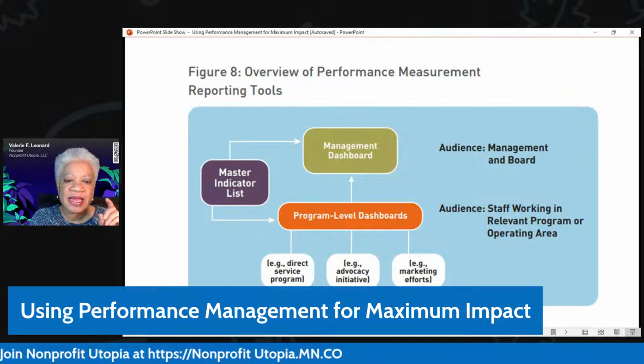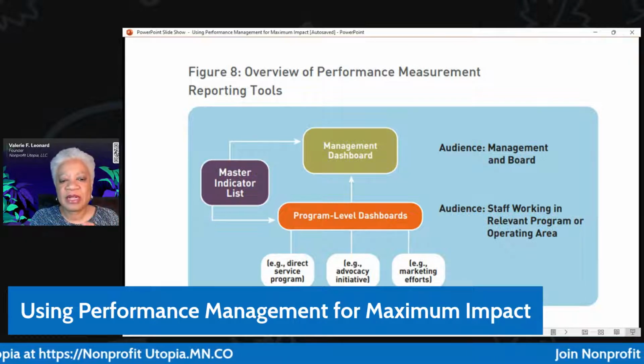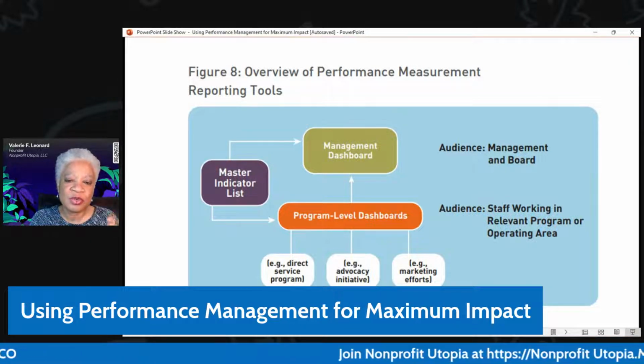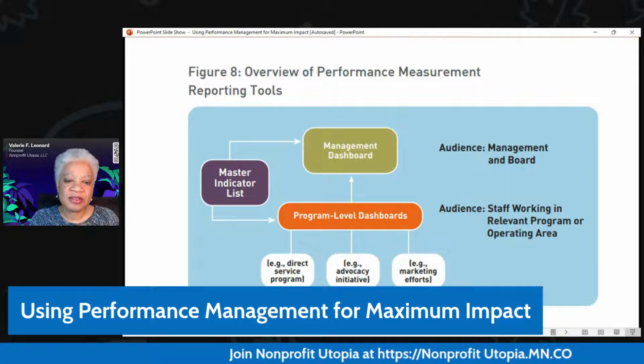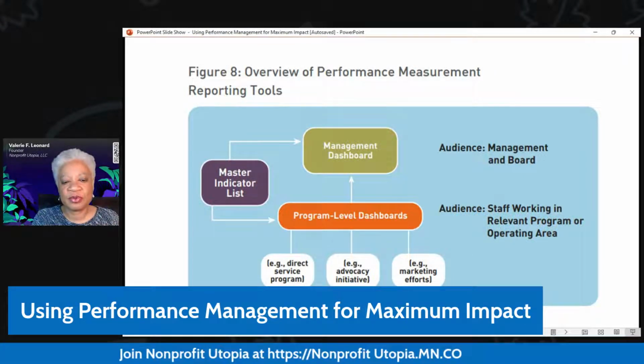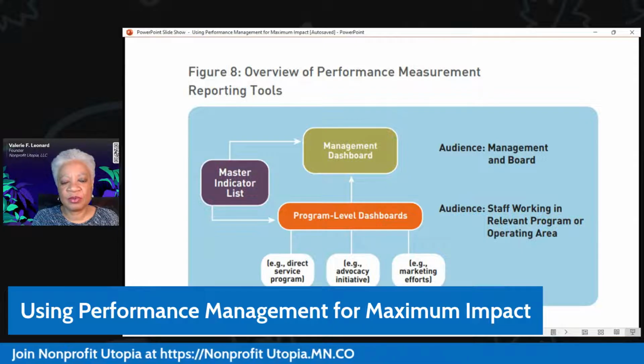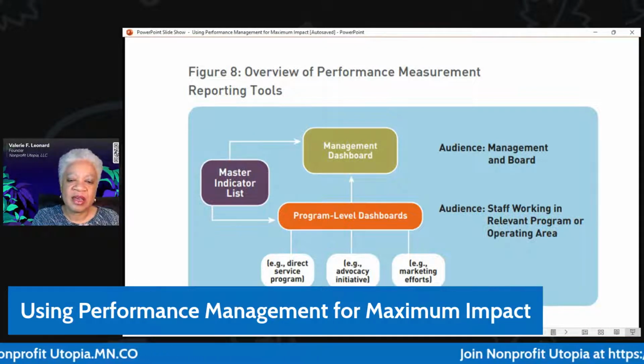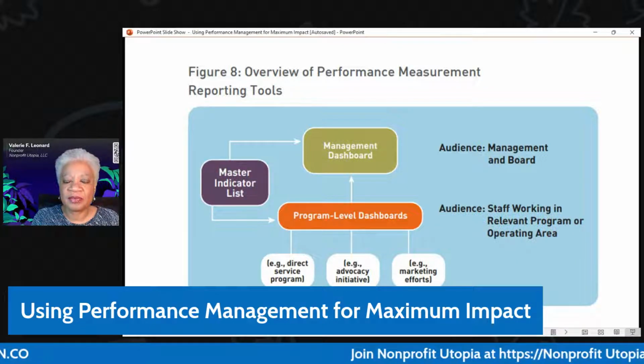All right. And at the program level, depending on what you're working on, you're going to use indicators that can tell you how you're doing as it relates to service delivery, program delivery, your advocacy, or your marketing.